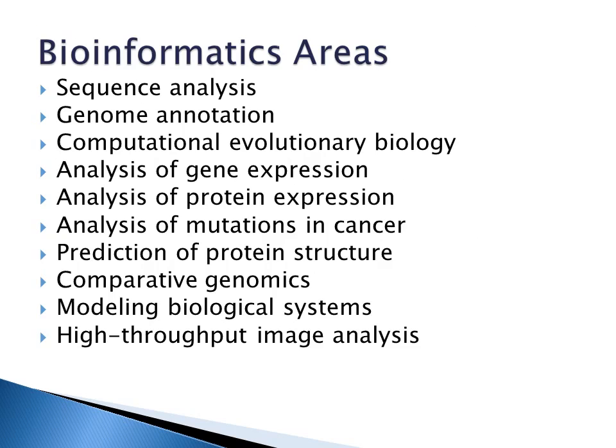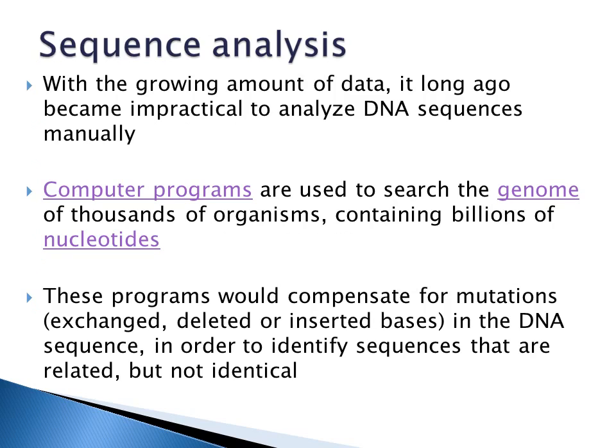So some of the areas of bioinformatics include sequence analysis, genome annotation, computational evolutionary biology, analysis of gene expression, protein expression, analyzing mutations in cancer, prediction of protein structure, comparative genomics, modeling biological systems, and high-throughput image analysis. So with sequence analysis, there is a growing amount of data.